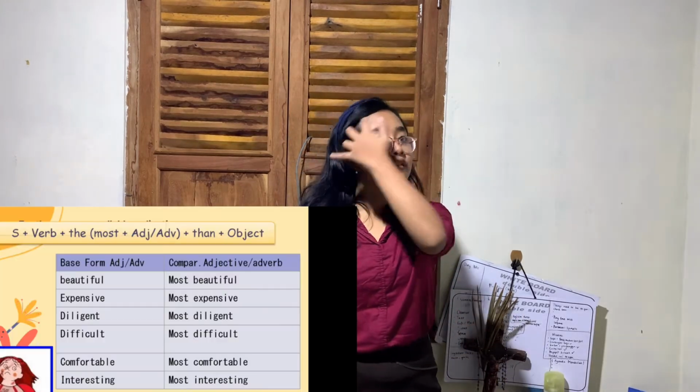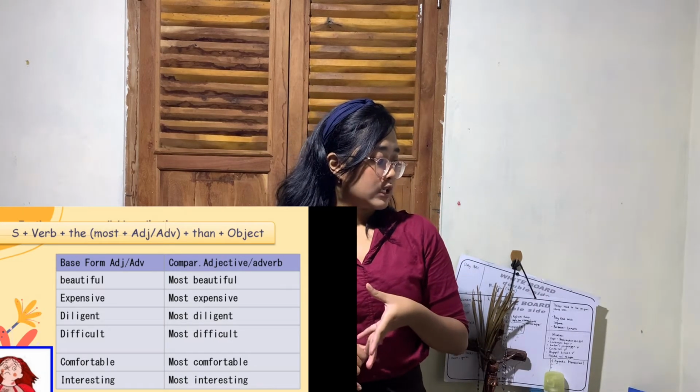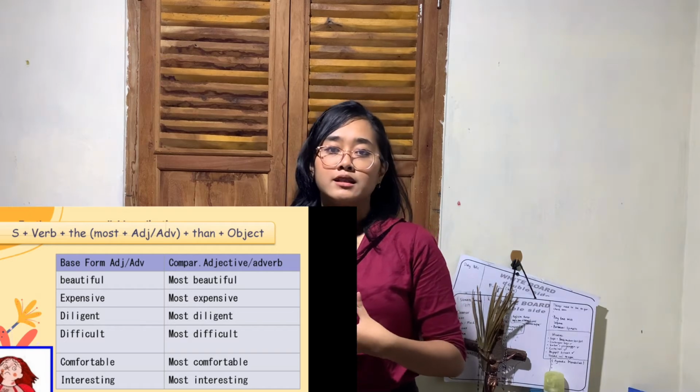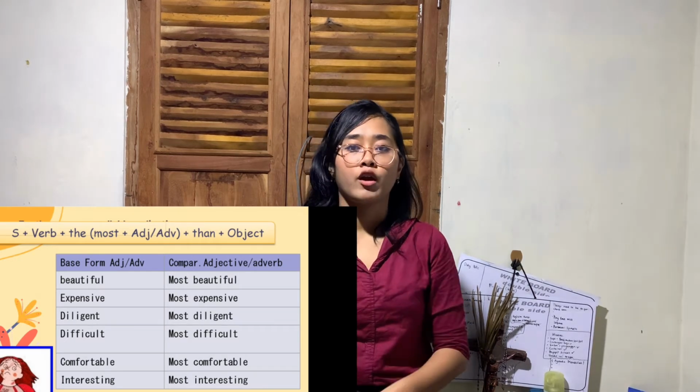And for the other examples, you can look at the slides or the handout. Okay, for three or more syllables, we use the same structure as the two syllables, which is we use most with the adjective or adverb.